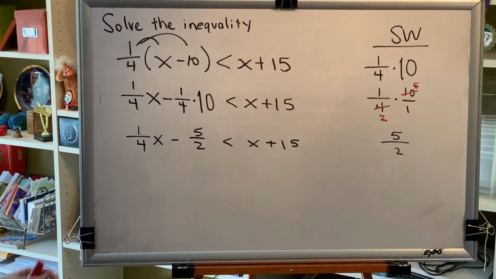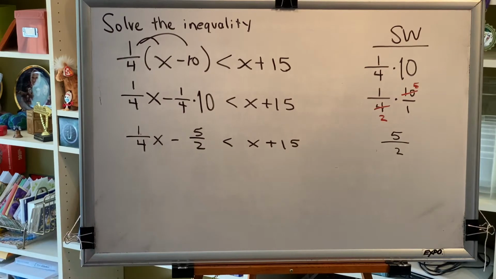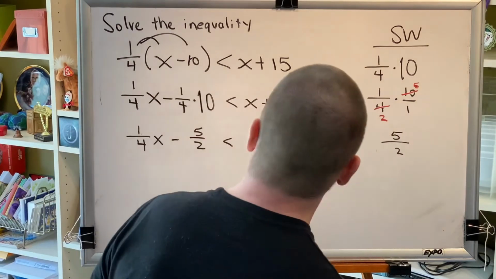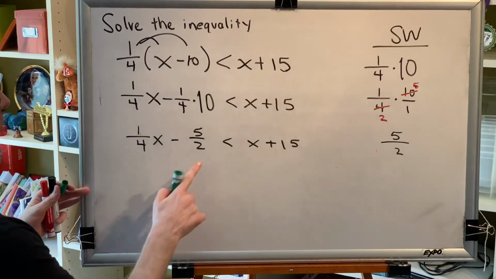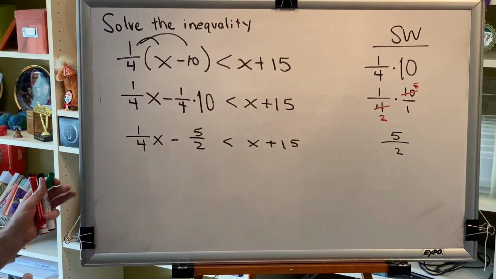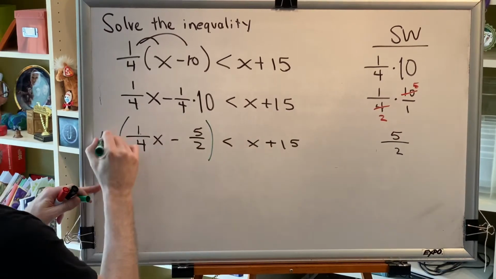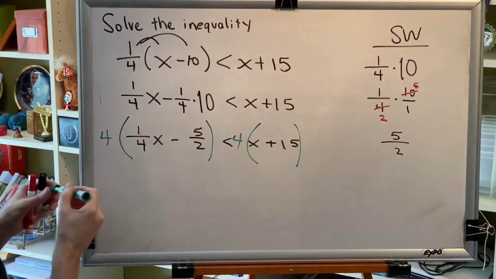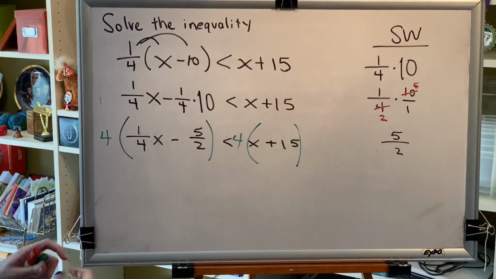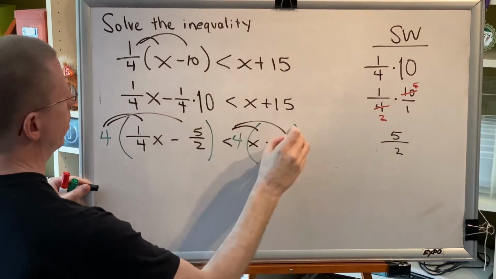Okay, great. Now we got rid of our parentheses. Next, let's get rid of our fractions. We need to multiply both sides by the least common denominator of all fractions in the inequality. My denominators are 2 and 4, and the least common denominator of 2 and 4 is 4. So I'll multiply the entire left side by 4, and I'll multiply the entire right side by 4, which means I'm now going to distribute again, here and here.